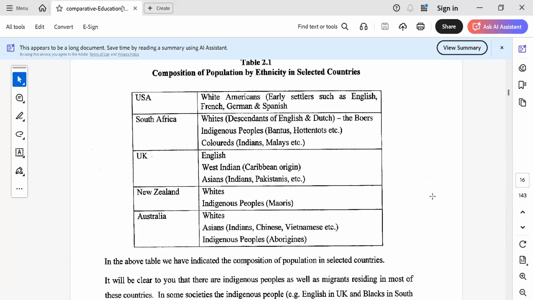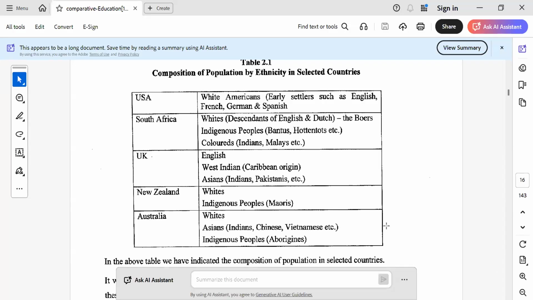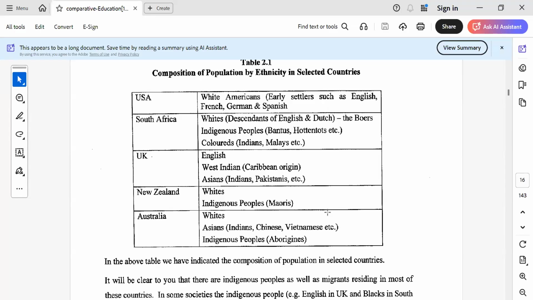So this is the population by ethnicity in these 5 countries. With this table, you can understand each and every country has its own native people as well as migrants.